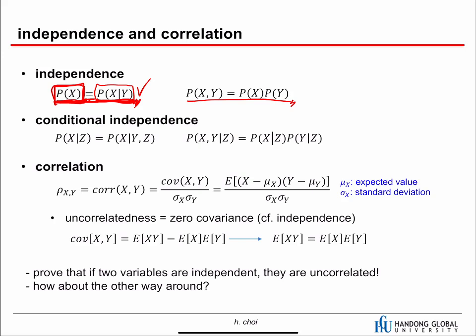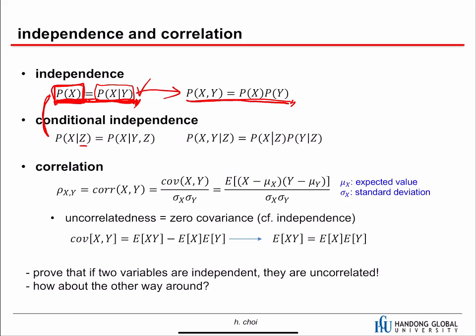And as I said, this equality is the same as this equality. The conditional independence is almost the same as just independence except for this term z. Let's compare these two equations.